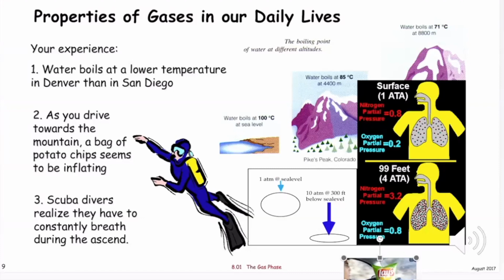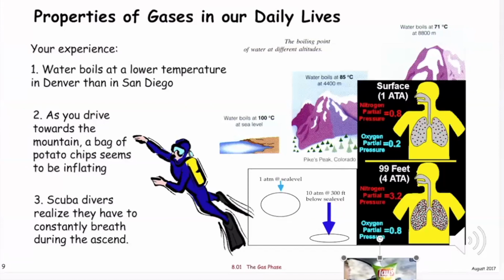It gets to the point where the tissues in your lungs can't hold the gas anymore, and they'll rupture, they'll break. Okay, so in order to prevent that, you need to constantly breathe as you make your ascent so that the pressure in your lungs equilibrates with the pressure at the elevation while you make your ascent.